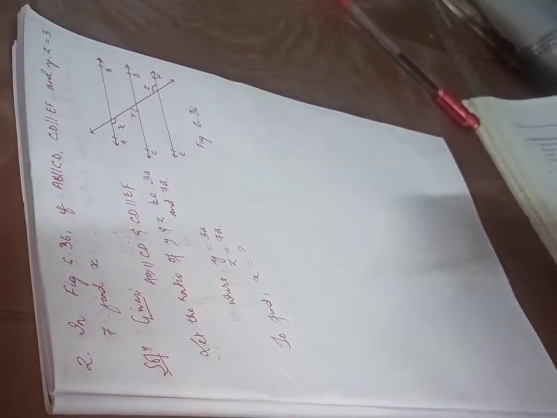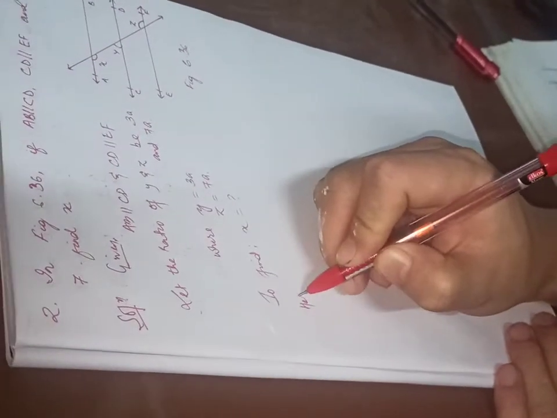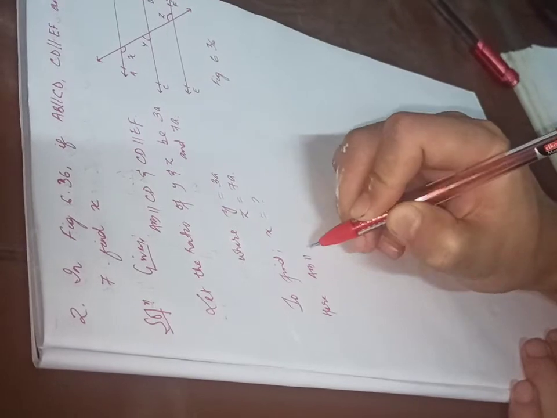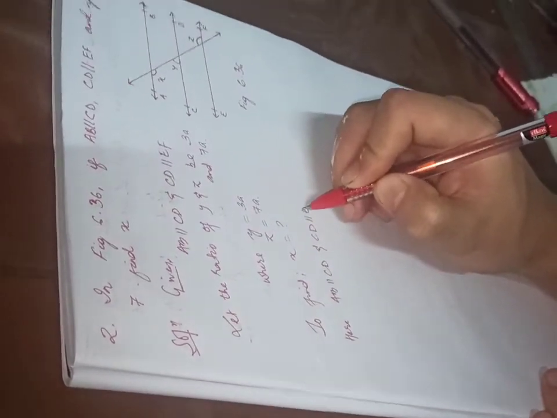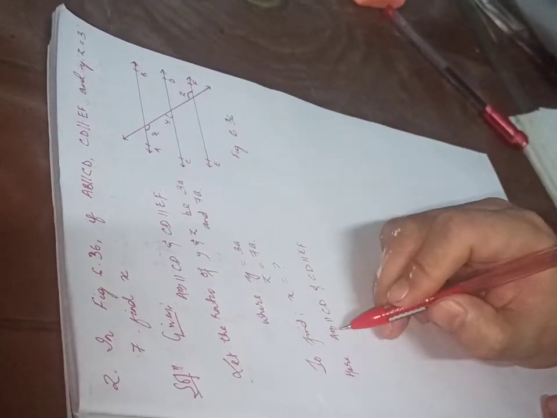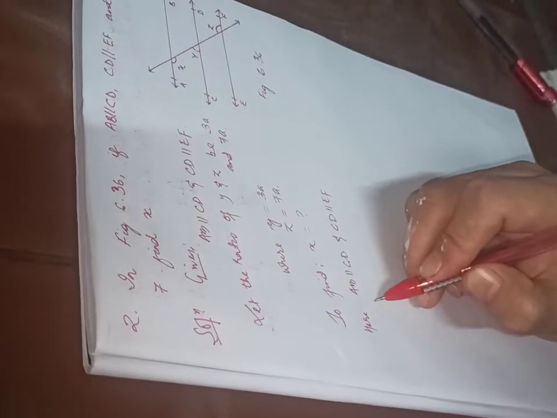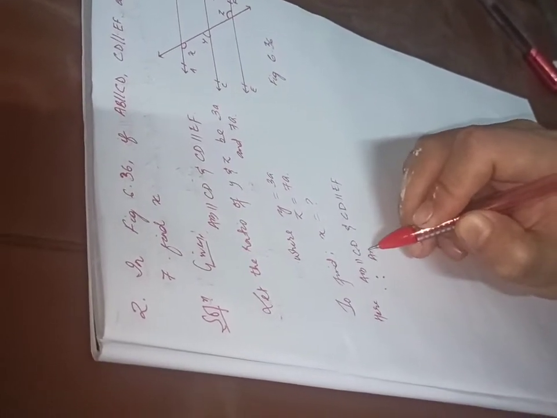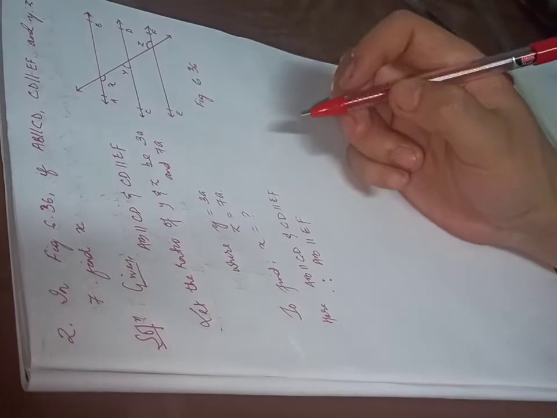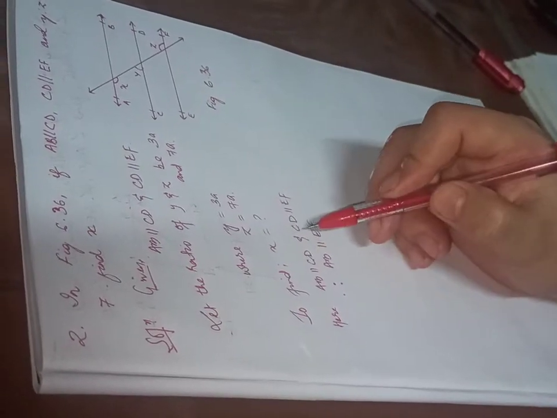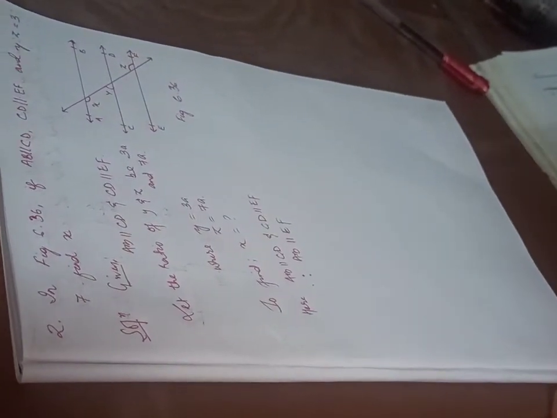So how I'm going to do it is that I'm going to write here AB is parallel to CD and CD parallel to EF, correct? Therefore, since AB is parallel to CD and CD is parallel to EF, AB will be parallel to EF. Is it okay? Why? Because CD is parallel to both AB and EF, so AB and EF will also become parallel.